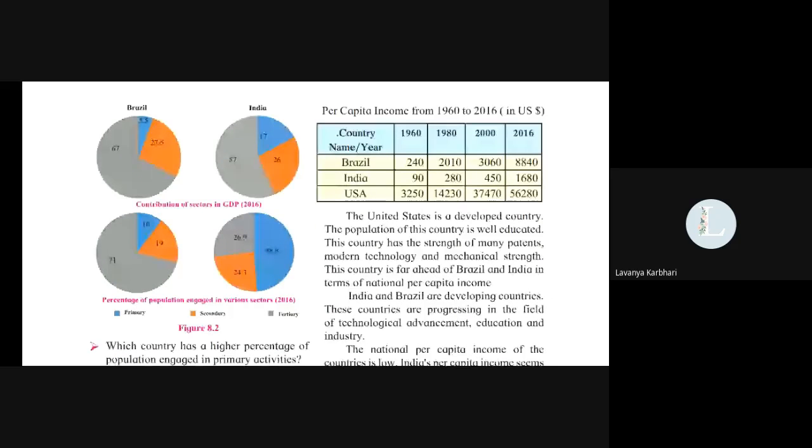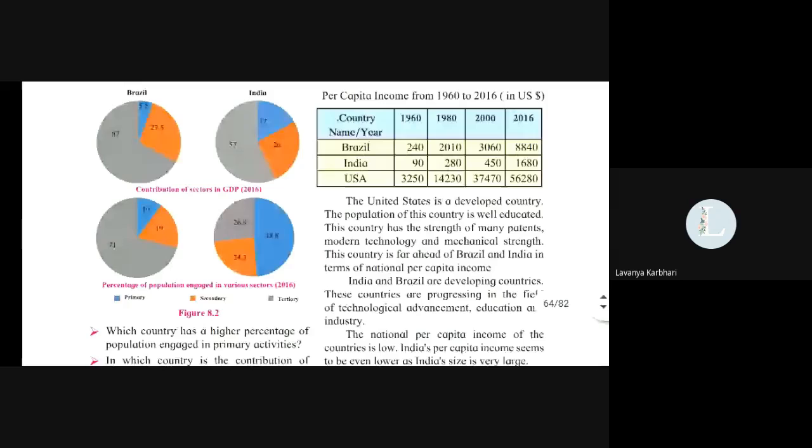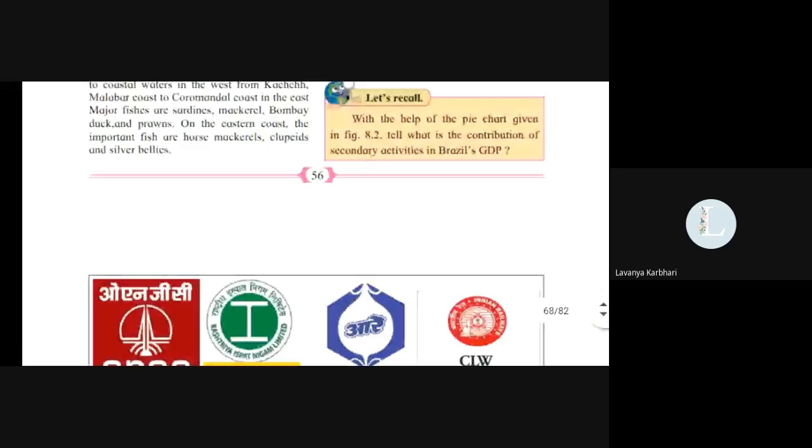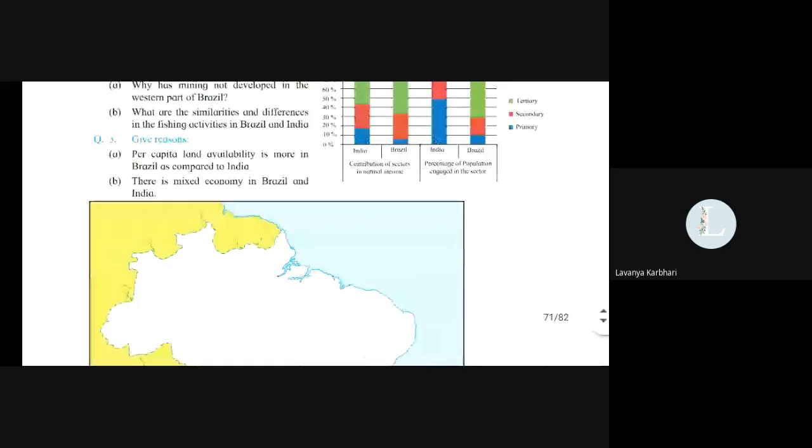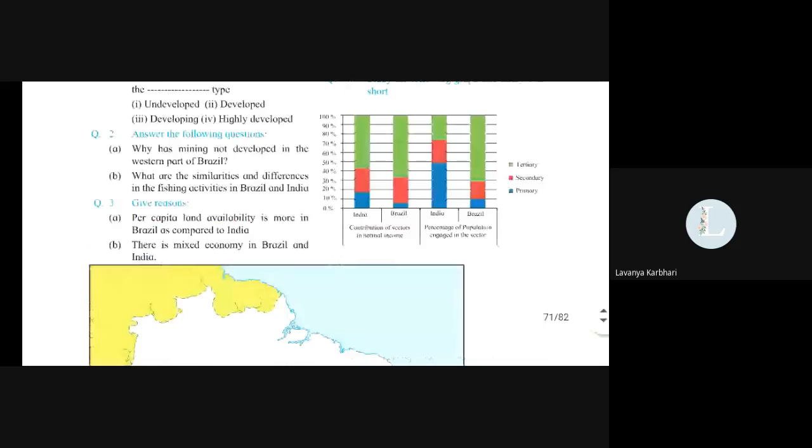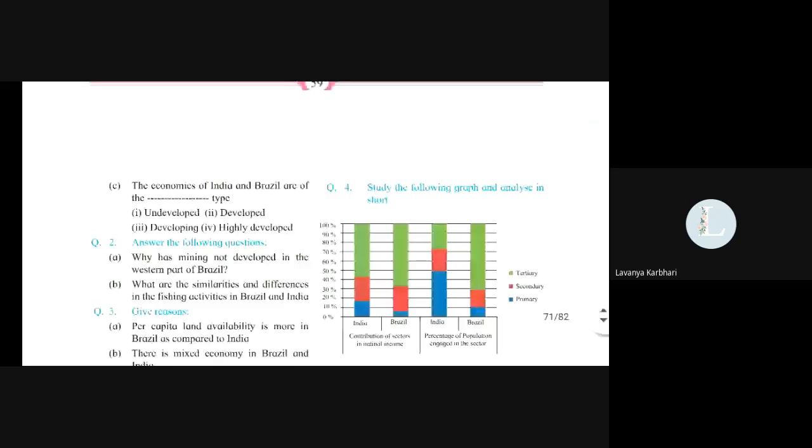Primary, secondary, or tertiary? So it is the tertiary. Okay, you can easily see in the gray color. It just depends on the tertiary activities over there. The economies of India and Brazil are of dash type.